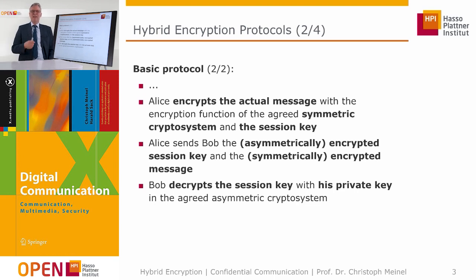And Bob can now decrypt first the session key by using his private key. He knows they agreed on an asymmetric crypto system. He knows Alice has encrypted the session key with his public key, and now his private key is exactly the one with which this can be decrypted.